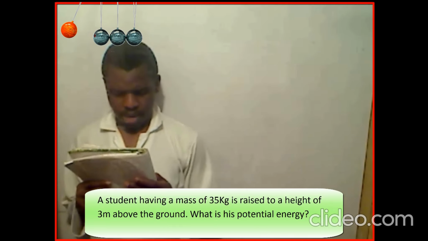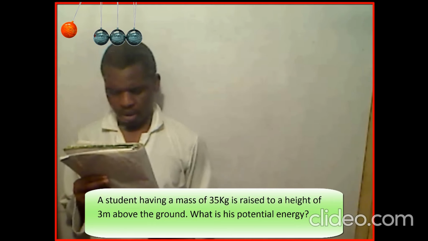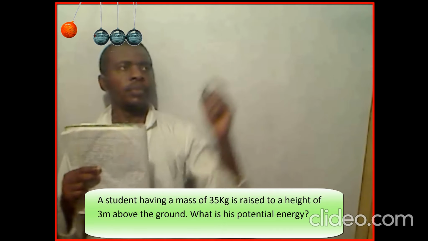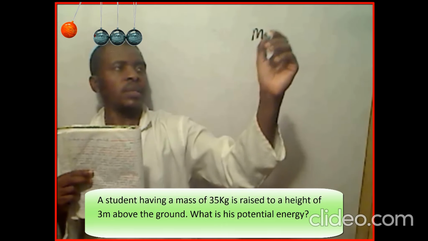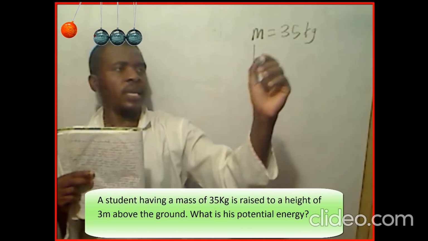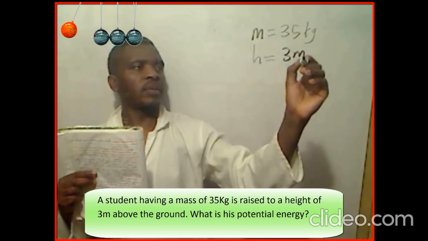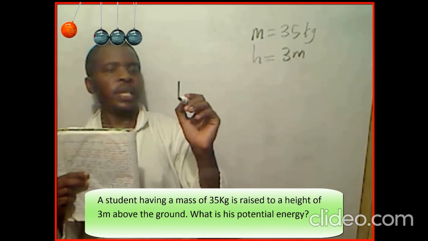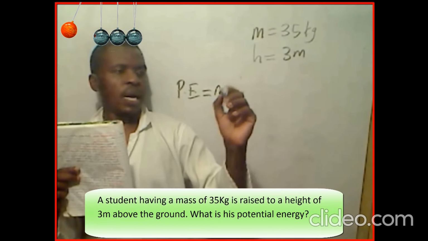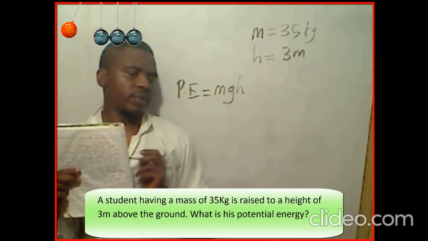A student having a mass of 35 kilograms is raised to a height of 3 meters above the ground. What is his potential energy? Mass equals 35 kilograms. Height above the ground is equal to 3 meters. Potential energy is given by the formula mass times acceleration due to gravity times height.